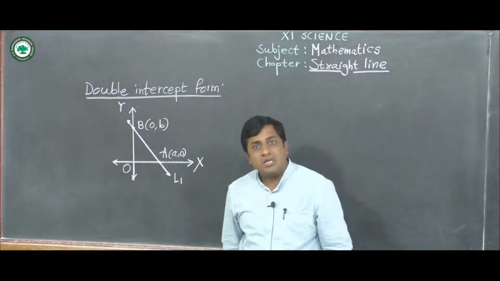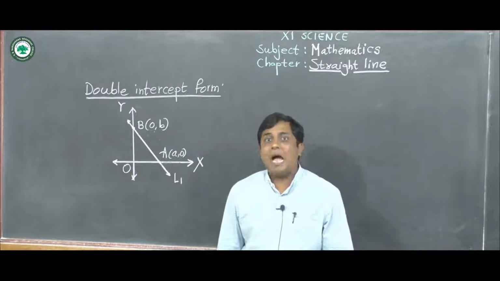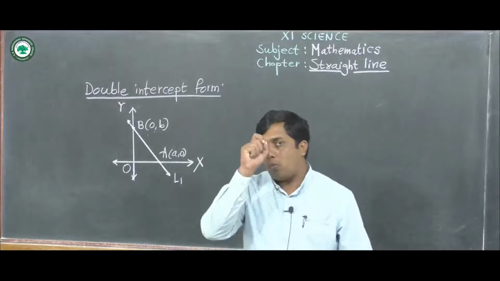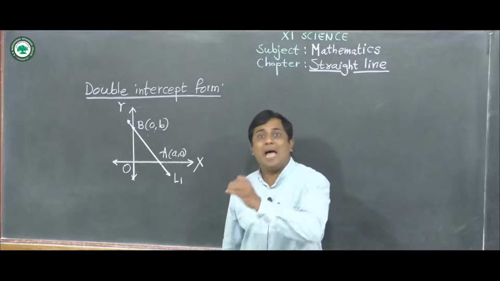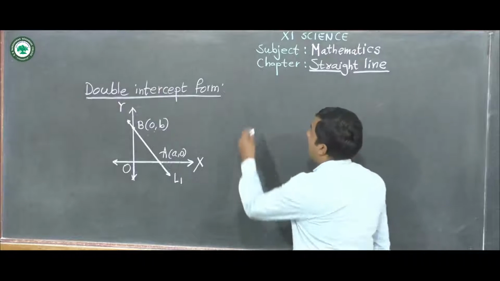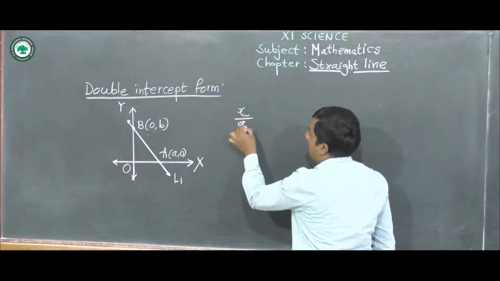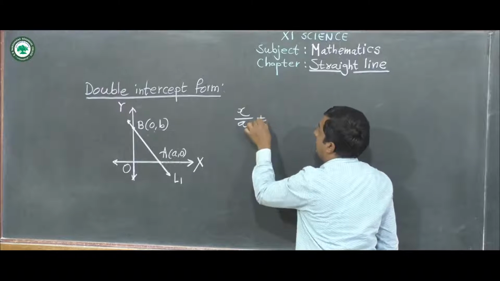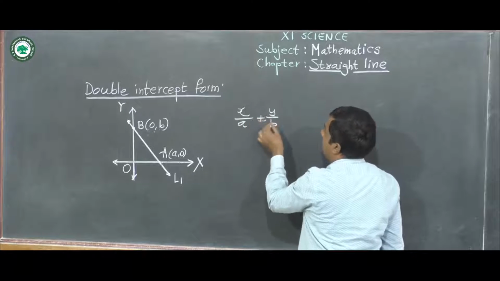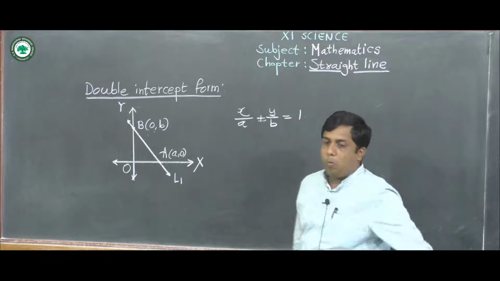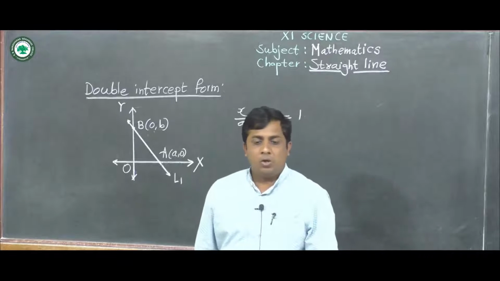So related with these intercepts, a and b, which are the intercepts of x and y respectively, we have an equation of a line in this form: x upon a plus y upon b is equal to 1.